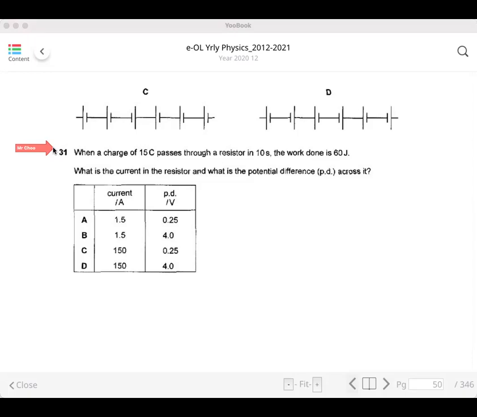Yiting, well done. Very good. How about the other four boys? Howrey, well done. Oscar, well done. Ryan, well done.